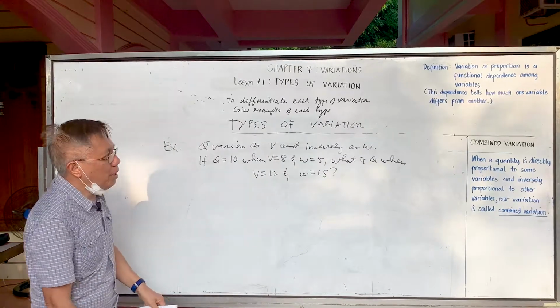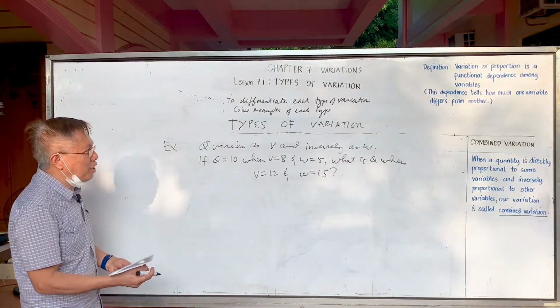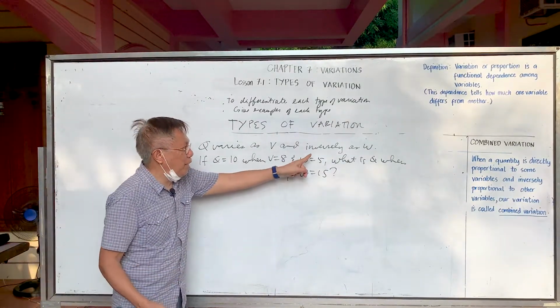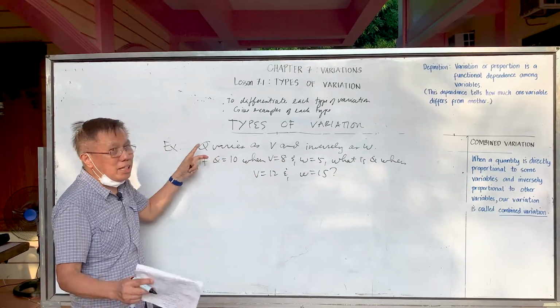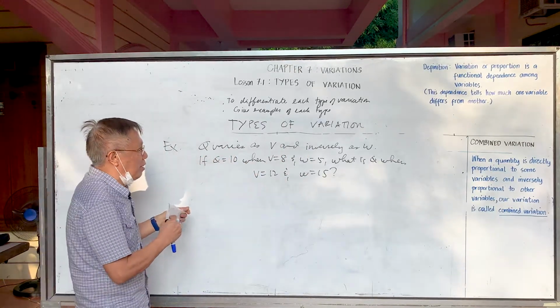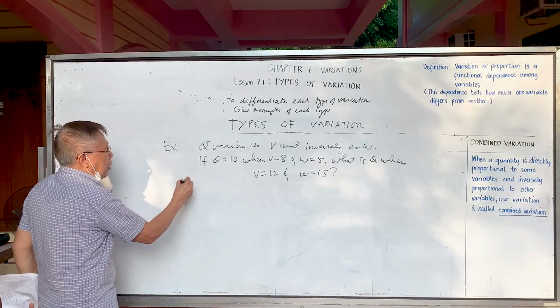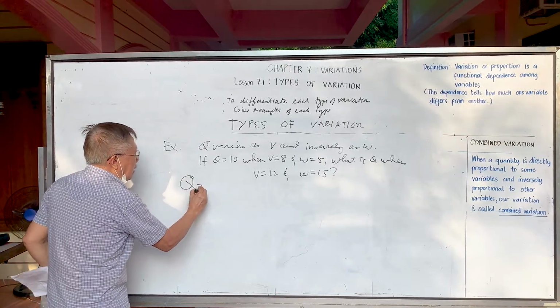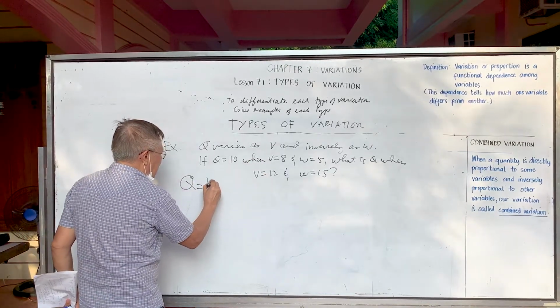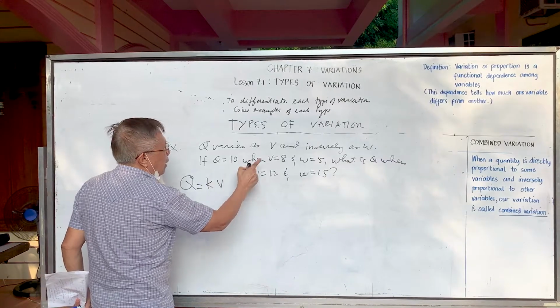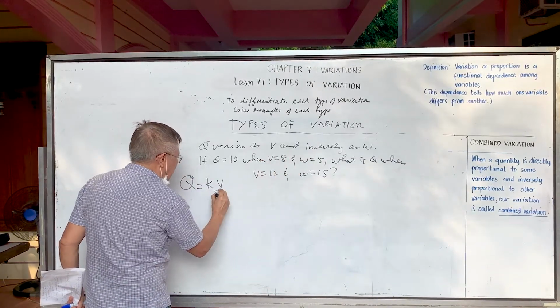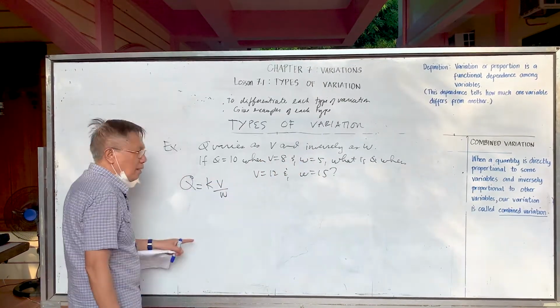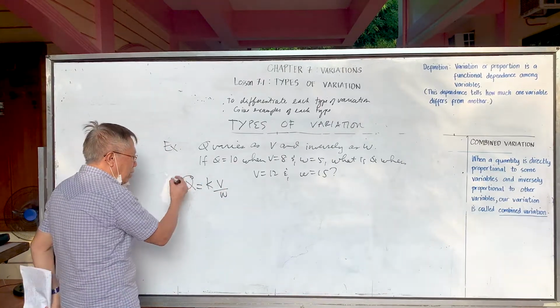Okay, it's more like the joint variation, except here we have an inverse and we have a direct variation combined into one. Okay, so let's have this. Q varies as V means I have a V on top, and inversely as W means I have a W below. Okay, so this is my variation equation.